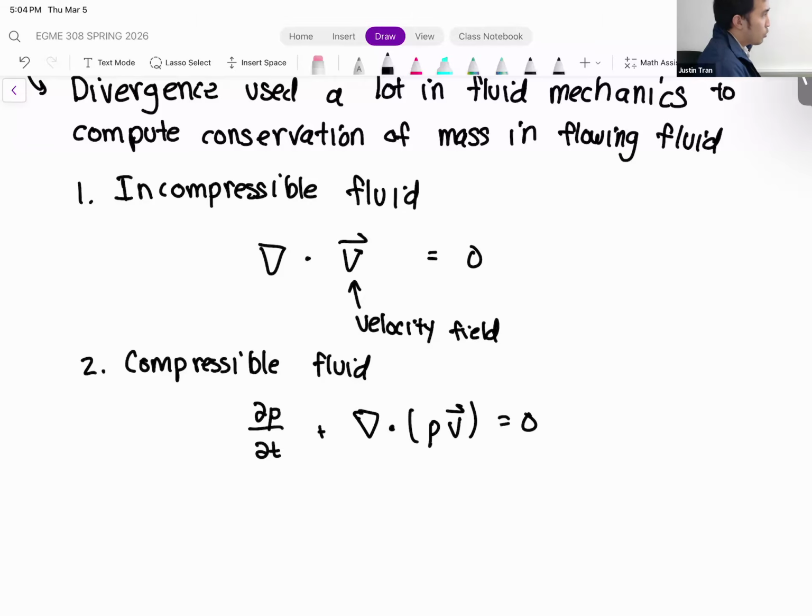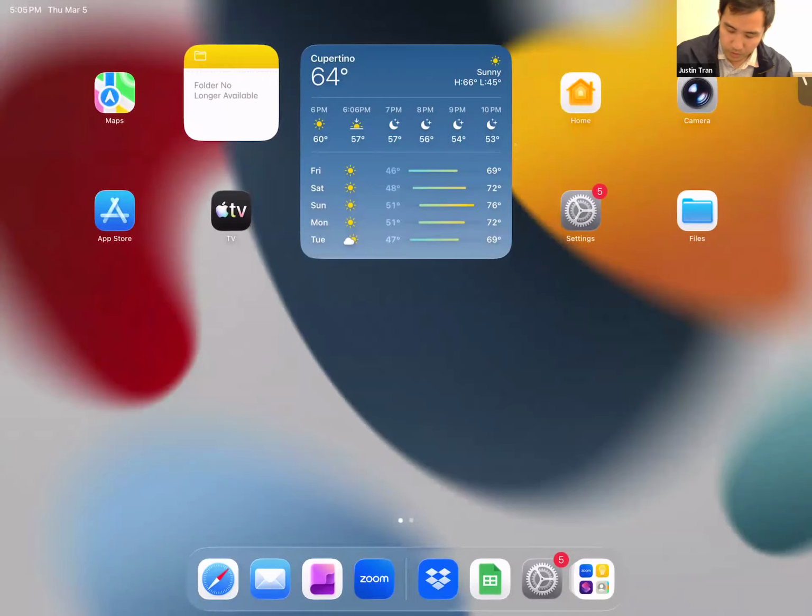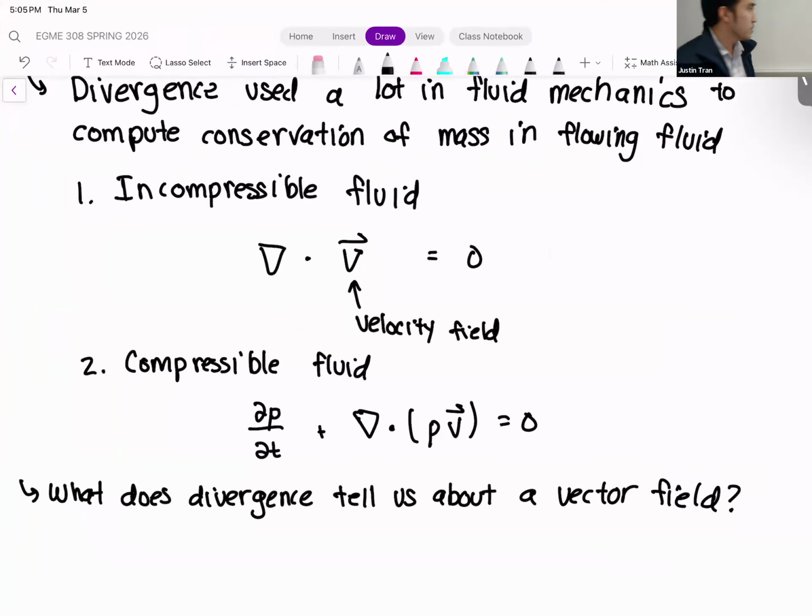But I think what's more relevant for everyone here is to talk about, what does the divergence actually tell us? If you're taking the divergence of a vector field, what are you really doing?